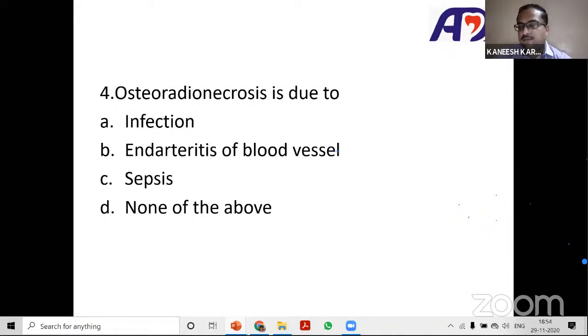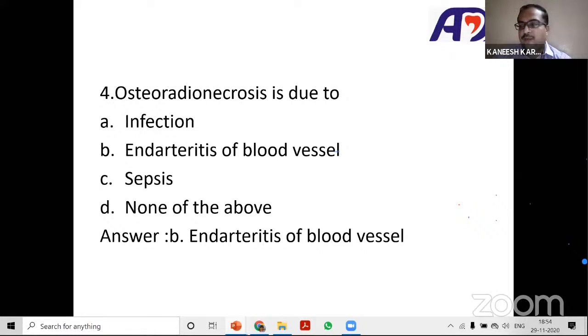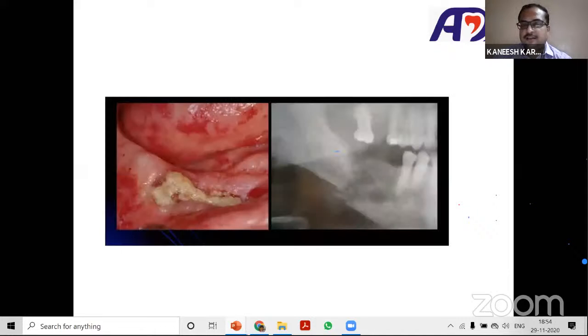Osteoradionecrosis is due to endarteritis of blood vessels. See here, this is a case of osteoradionecrosis. You see necrotic bone in the mouth.